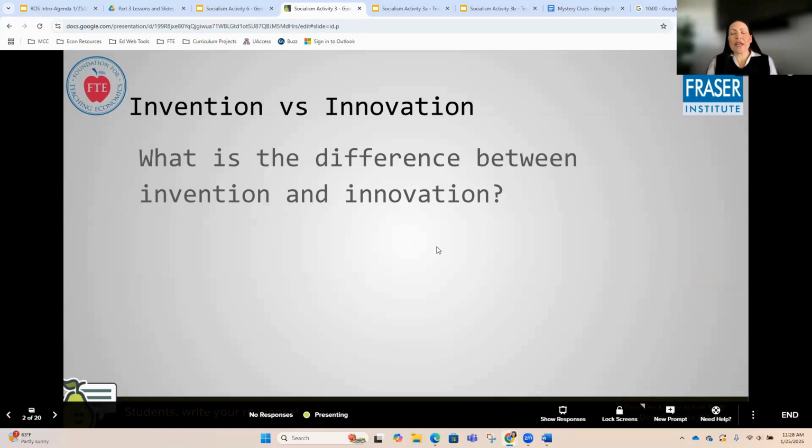The first thing I'd like you to do once you get into those slides is tell me what the difference is between invention and innovation. When you hear those two words, what do you think the difference is?